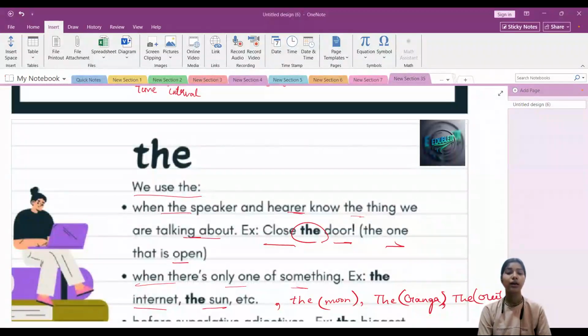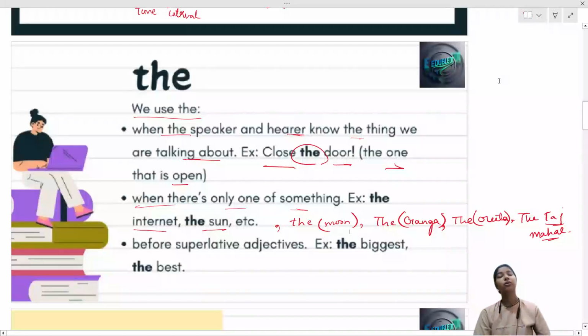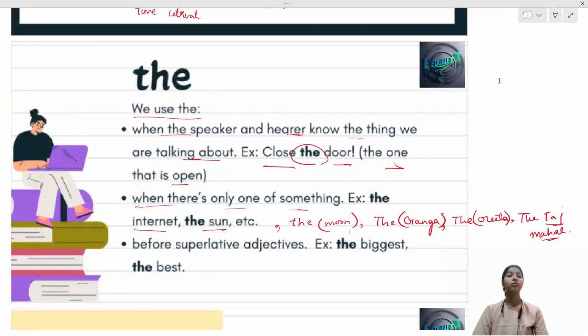So with the article the, we use it only for things that are one, that are not common, that are very, very precious and one only. Also before the superlative adjective. Now adjectives are of types. The superlative ones are when we are talking about the last form.